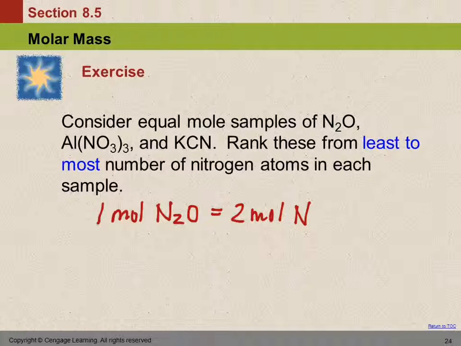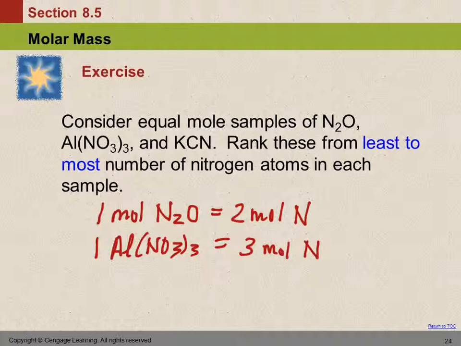Good grief. Okay, if I have 1 mole of aluminum nitrate, how many moles of nitrogen in that? 3. Somebody said 1. Okay, aluminum nitrate, there's a 3 outside this.